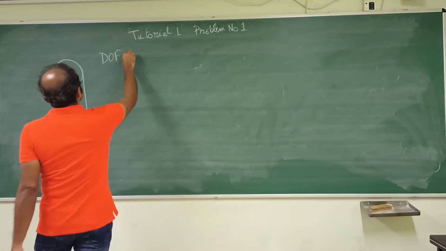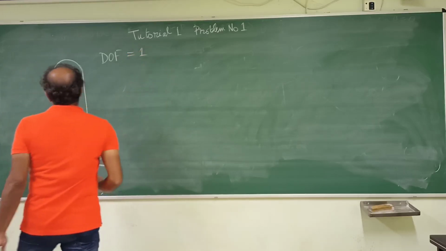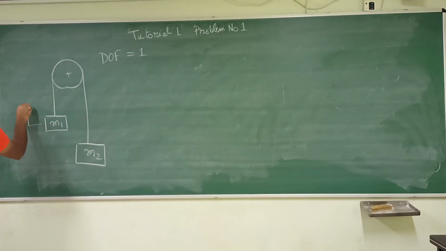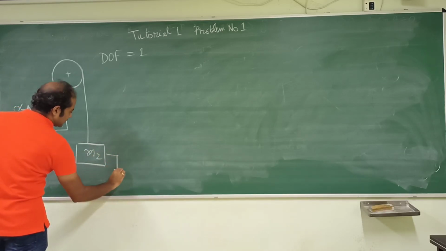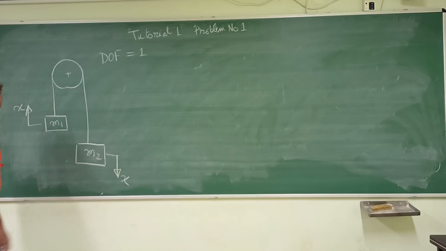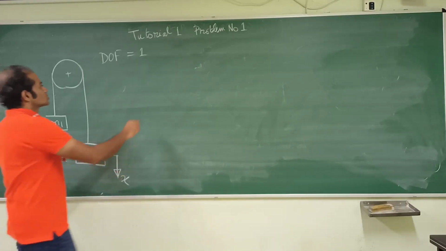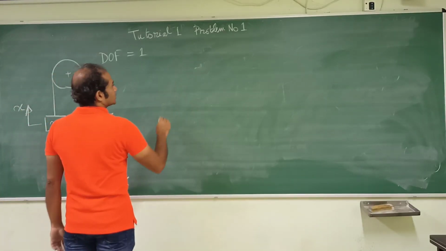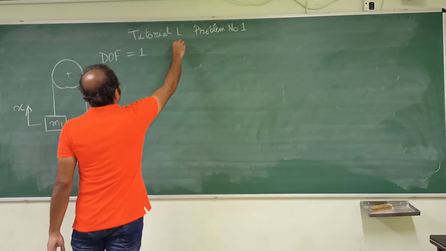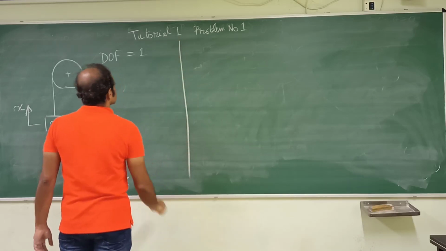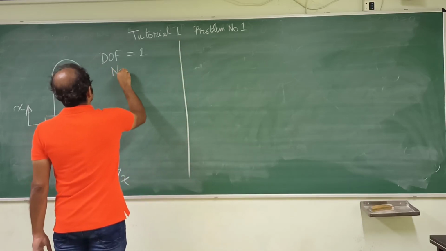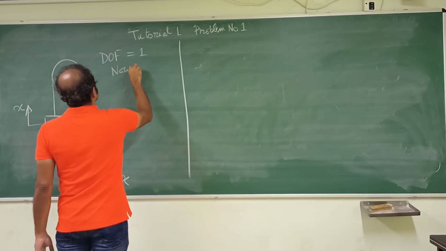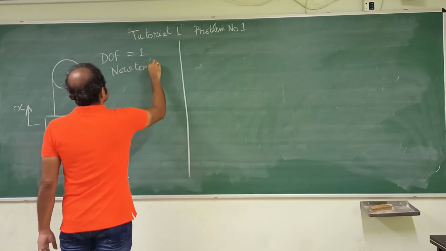So I'll be choosing X over here as well. If it is moving up X, this is going to go down X. So let's keep it for the Newton's method.